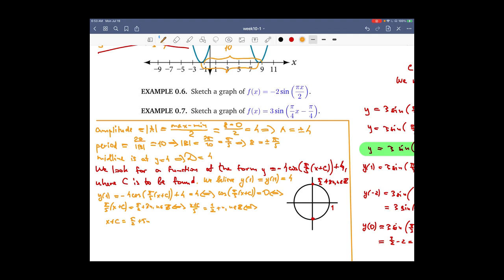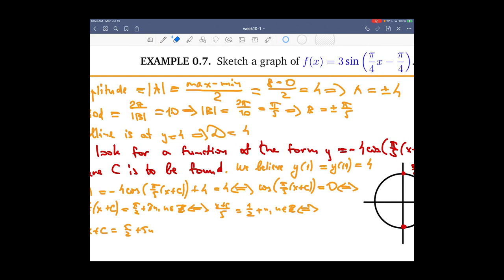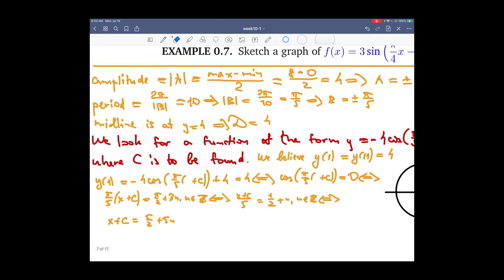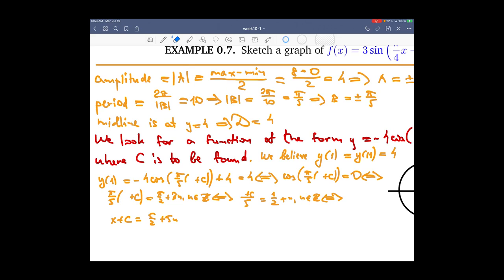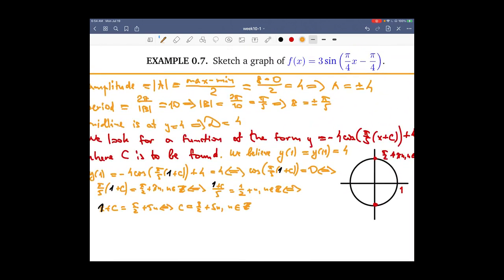It shouldn't be x plus c, I apologize. Instead of x, I should have, of course, written 1. One plus c is 5/2 plus 5n, and this is equivalent to c being 5/2 minus 1, which is 3/2, plus 5n, where n is an integer, and we may take any such c.